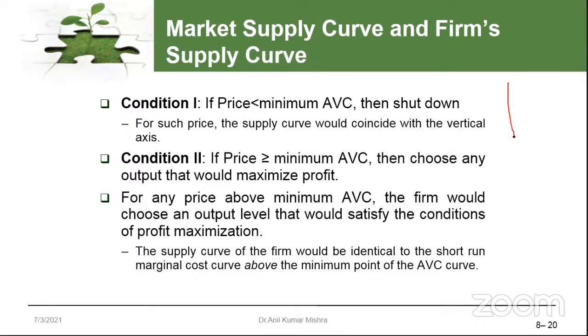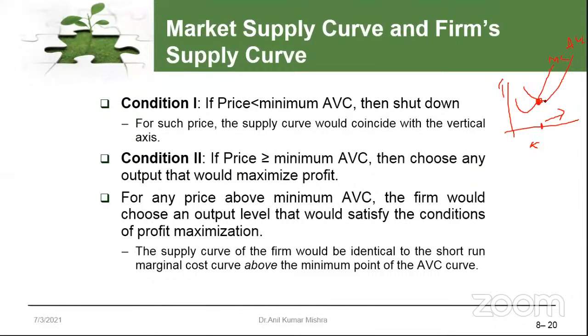The relationship between your average cost and the marginal cost. This is your marginal cost, and this is your average variable cost. After the minimum point of the average variable cost, there is nothing for the producer to produce below this, right?